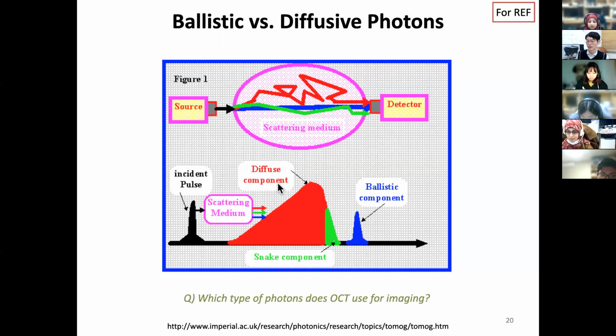So my question: which type of photons does OCT use for imaging? You're not going to use the diffuse component. You're using ballistic components, but probably not just no interaction, because you need to get some information from the sample. So ballistic and snake components, or semi-ballistic photons, are used for your OCT imaging, just like the other types of microscopy.